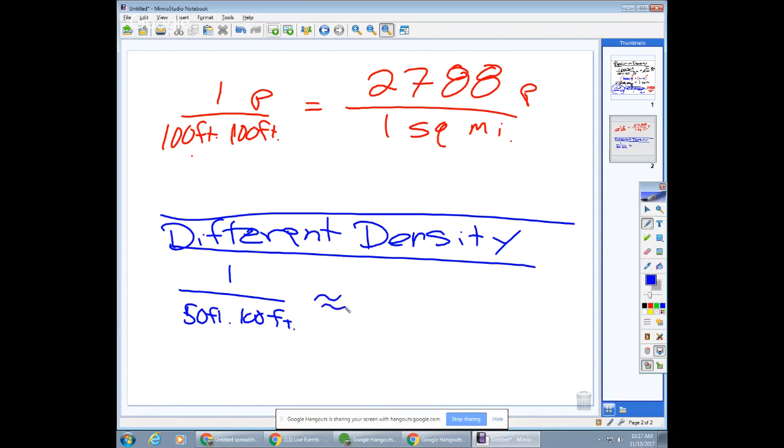What's that going to translate to for the number of people in a square mile? So take a guess at it and then try and make a calculation. I just took this lot and cut it in half. What's the result going to be for the number of people per square mile? Just make a guess and then try a calculation, and then we'll see if we come up with the same number.